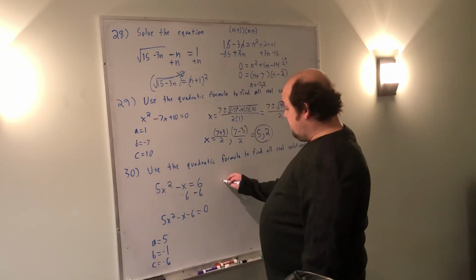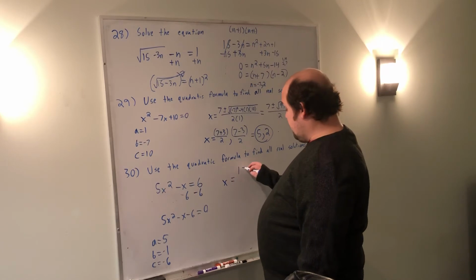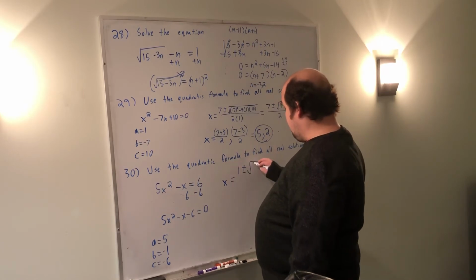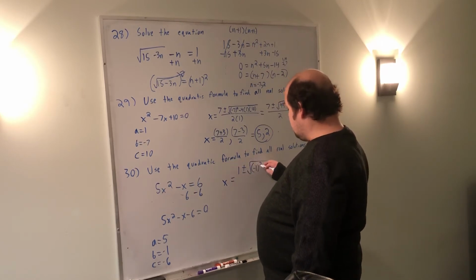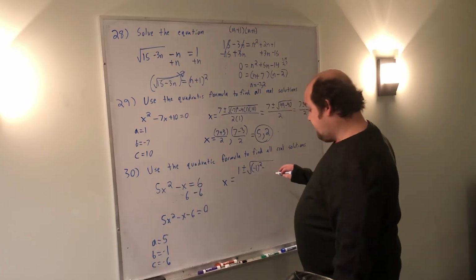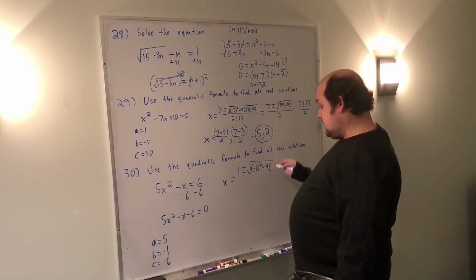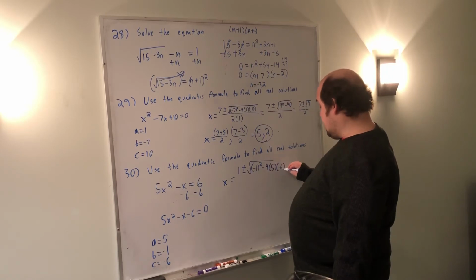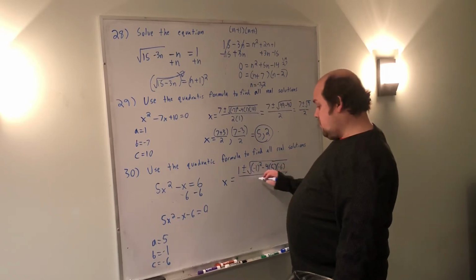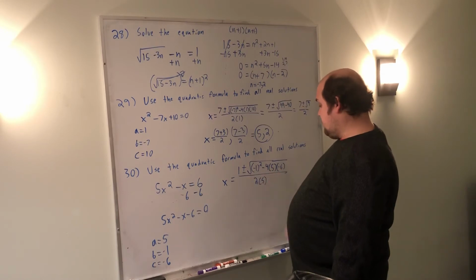I put these into the formula. X equals 1 plus or minus the square root of negative 1 squared minus 4 times 5 times negative 6 all over 2 times 5.